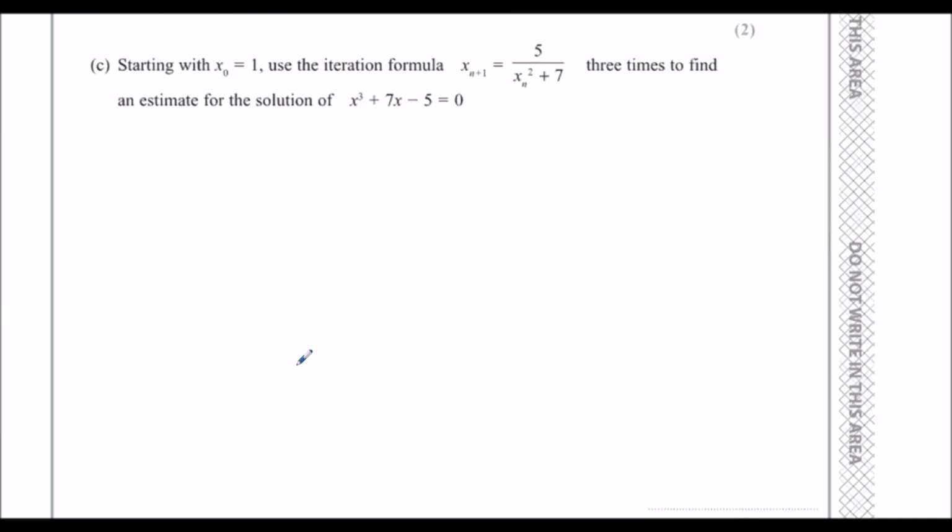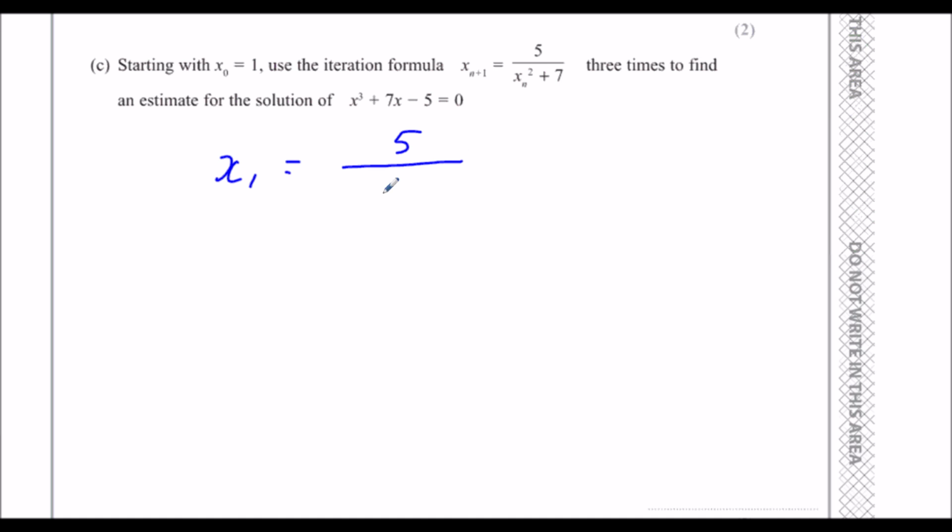And part C. So starting with x0 equals 1, use the iteration formula 3 times to find an estimate for the solution of the same equation we started with. So we're going to start with 1. So we're going to find x1 by substituting 1 into our iteration formula.